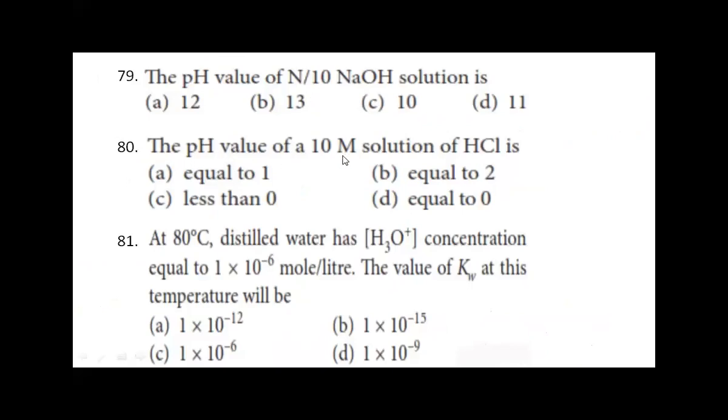The pH value of 10 molar solution of HCl is. A similar question to the above one, but let us see how we can solve it out. Now they have said HCl, and we know that HCl is a strong acid. Since it is a strong acid, it ionizes completely, correct?